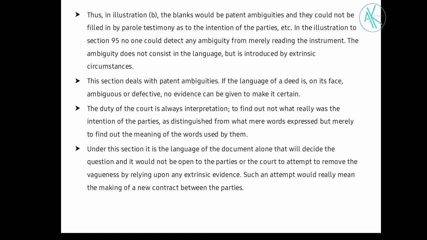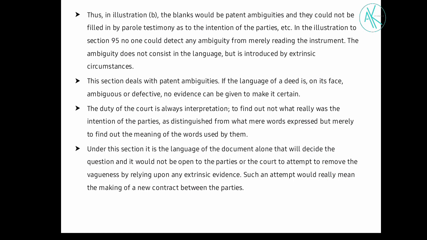The duty of the court is always interpretation, to find out not what really was the intention of the parties as distinguished from what mere words express, but merely to find out the meaning of the words used by them.